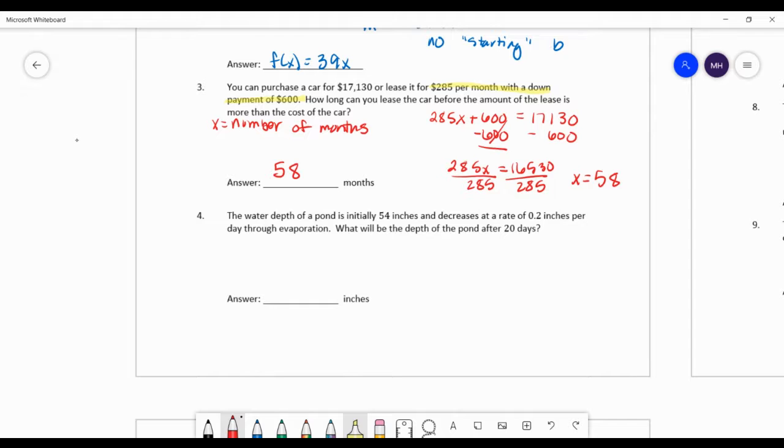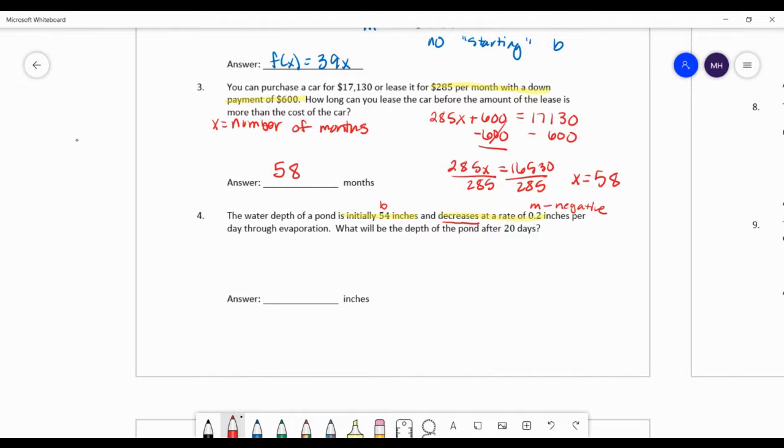Okay. For the next one, it says the water depth of a pond is initially 54 inches and decreases at a rate of 0.2 inches per day through evaporation. What will the depth of the pond be after 20 days? Okay, so this first part right here is giving us a starting amount, a b value, and 0.2 is our rate of change, our slope, and the key word here is decreases, so we know that our rate of change will be negative.